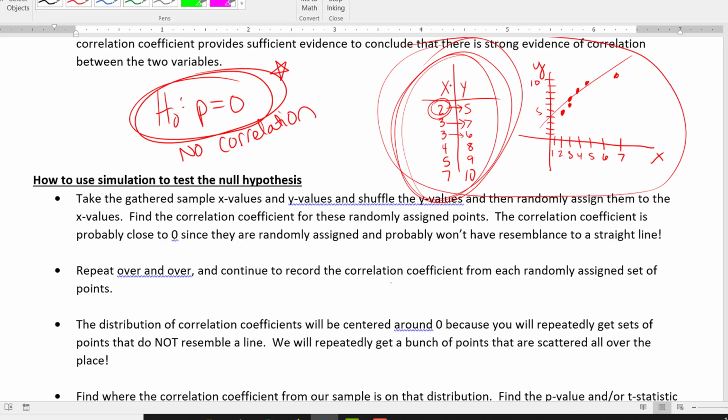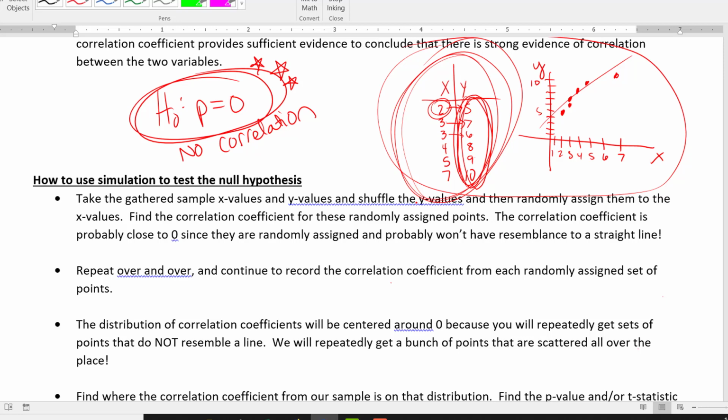So if that were really true, which we're assuming it's true, remember we assume the null hypothesis is true, then there's nothing special about these y's and how they were assigned with the x's. They were just randomly put there. So when we have the computer create this and randomly assign them, it's going to show us what those sample correlation coefficients should look like if they're randomly assigned.